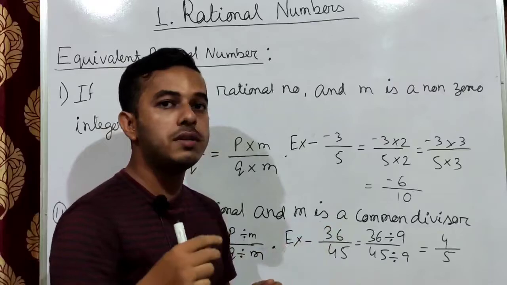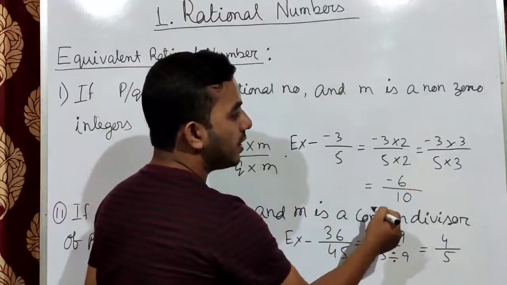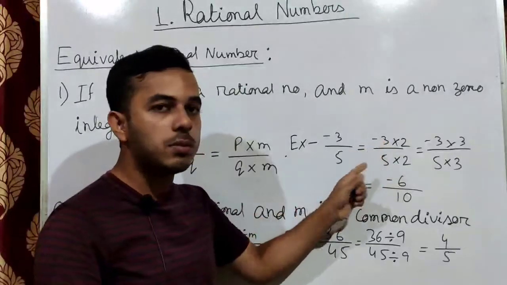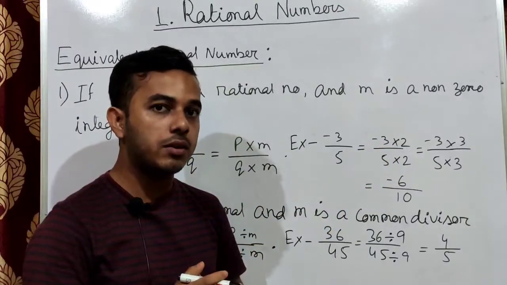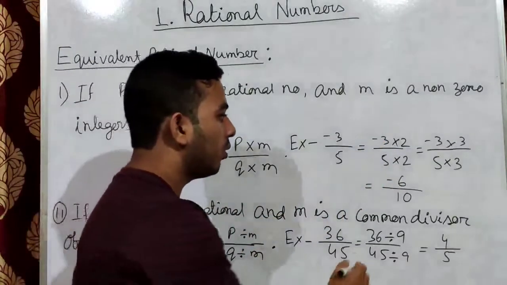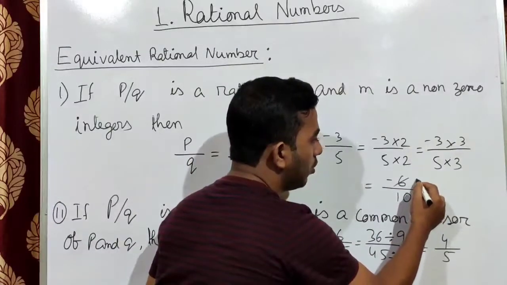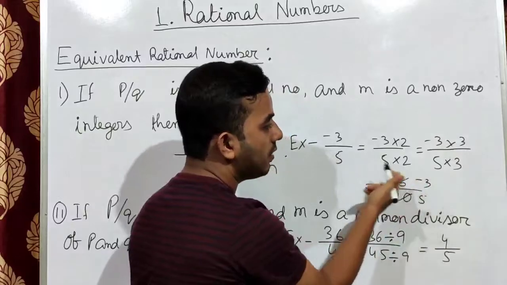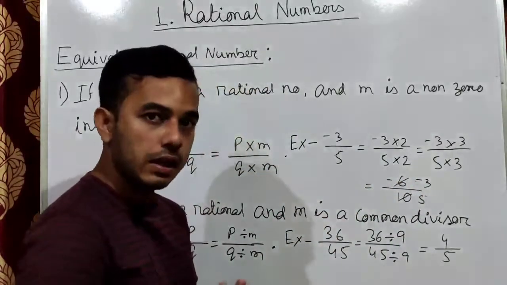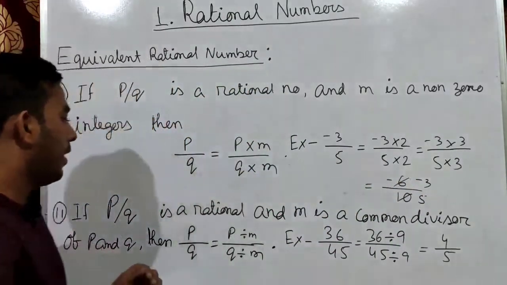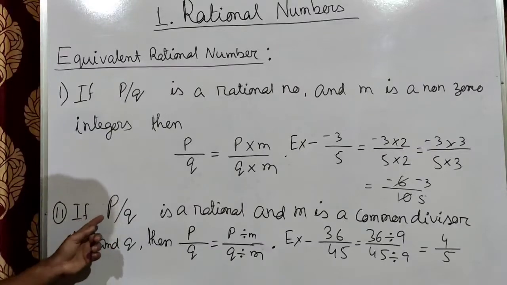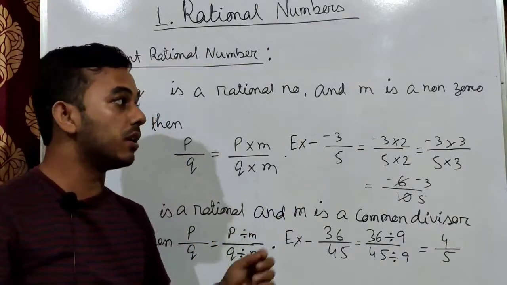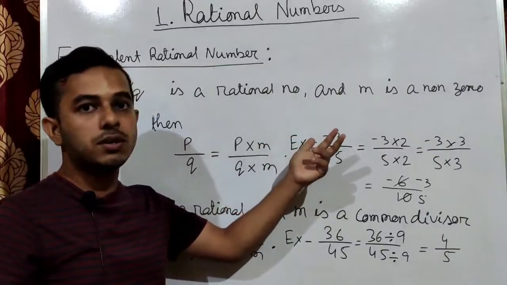But their value remains same, because now if we cancel here with 2, we will get the same number, that is minus 3 by 5. I hope this is clear to you, right? Clear? Okay. Now another is if p by q is a rational number and m is a common divisor. In earlier case, m was what?